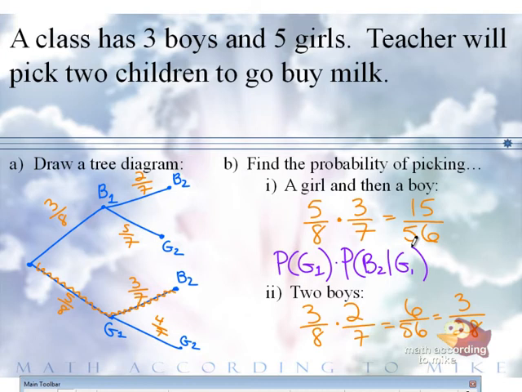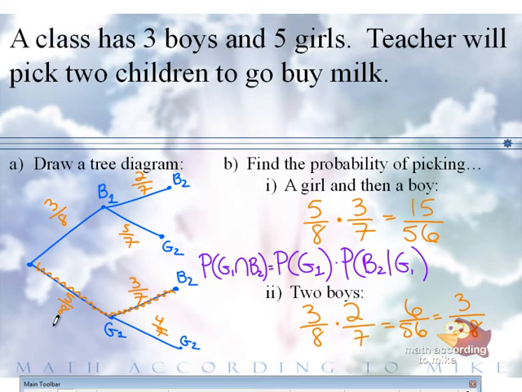And that means the probability of picking a girl first and a boy second. And that was our 15/56. So we did the formula, not knowing we were doing the formula.